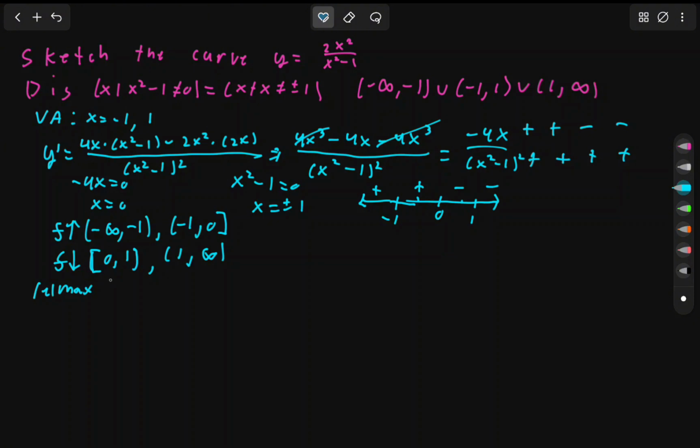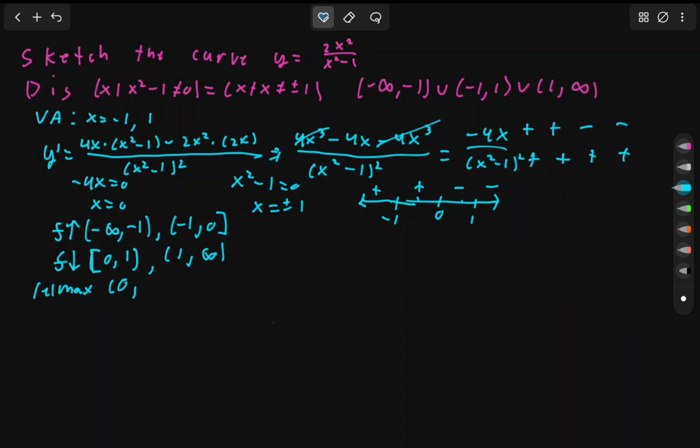And then we now have to plug the value into our original function. Or sorry, not -1, 0 is the point that I wanted.